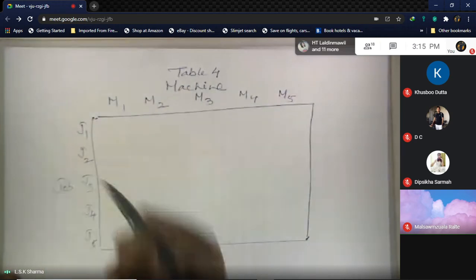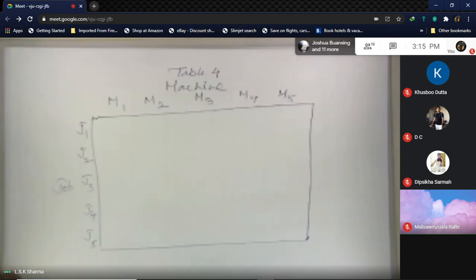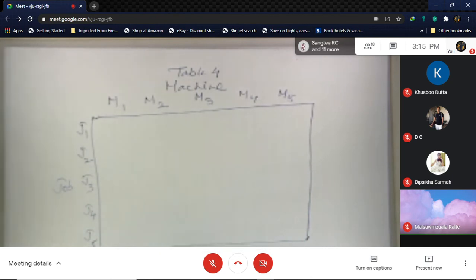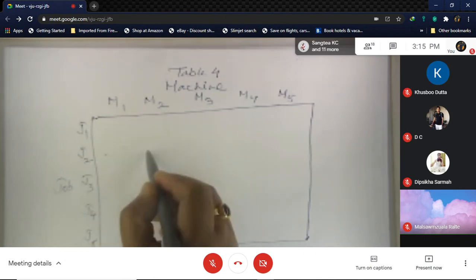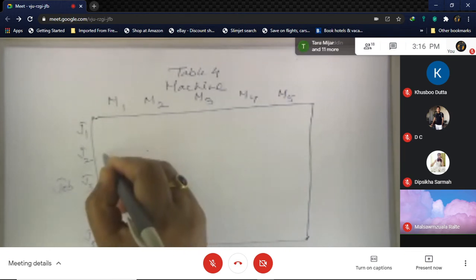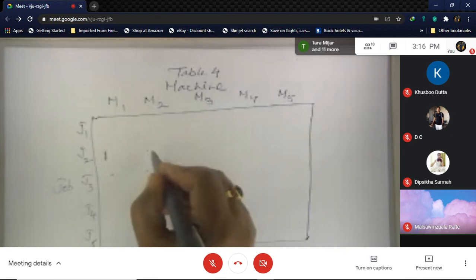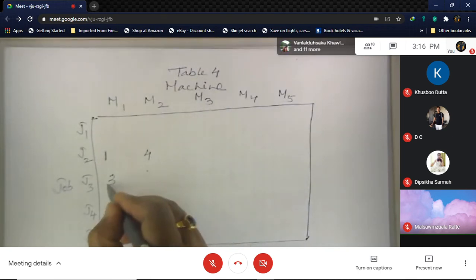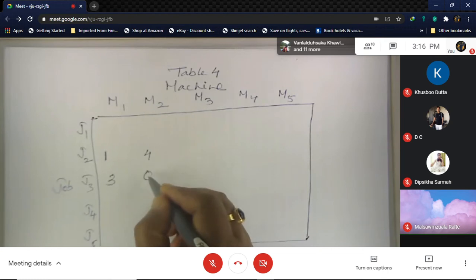Now let me start with the rows which were left out. Here was 2, 5, 4 and 1, and 1 is to be subtracted from all of these. So 2 minus 1 is 1, 5 minus 1 is 4, 4 minus 1 is 3, 1 minus 1 is 0.